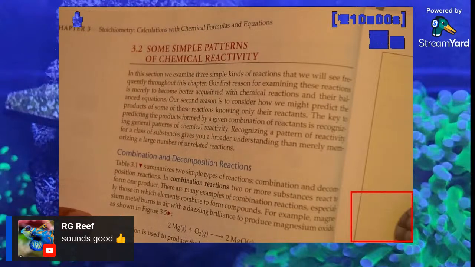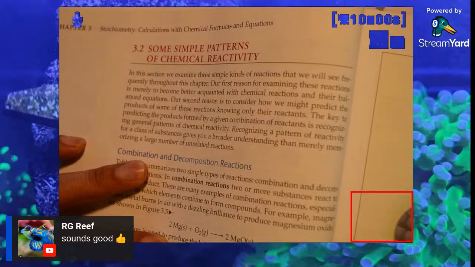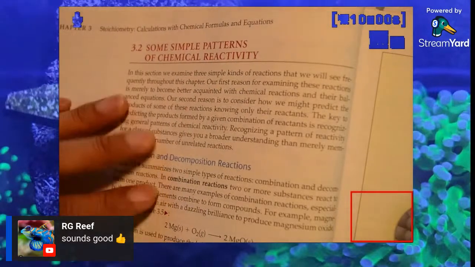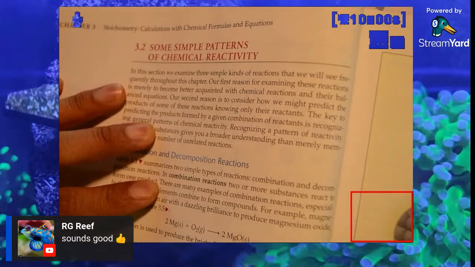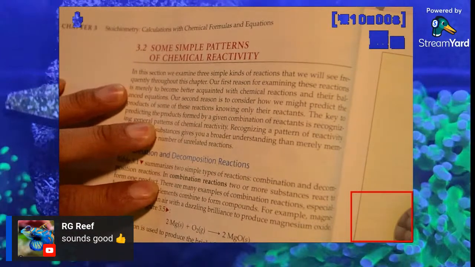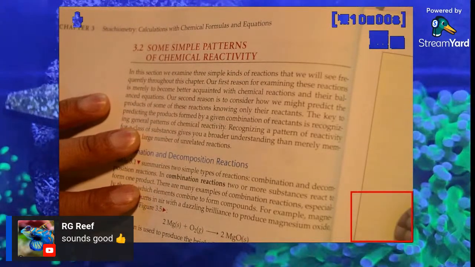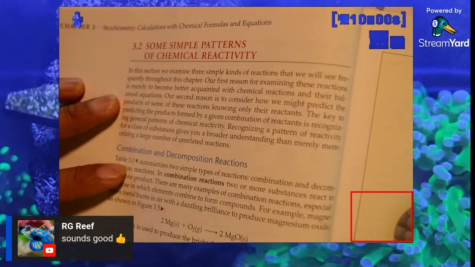All right, so in this section, we examine some simple patterns of chemical reactivity. We examine 3 simple kinds of reactions that we will see frequently throughout this chapter. Our first reason for examining these reactions is merely to become better acquainted with chemical reactions and their balanced equations.